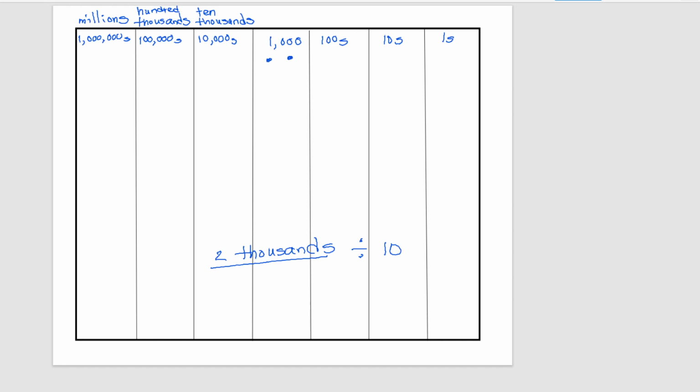Now in dividing by tens, we're going to move down to the next smaller unit. So we're going to go to hundreds. And 1,000 is equal to 10 hundreds. So we're going to exchange this for 10 hundreds. And exchange this one for 10 hundreds.